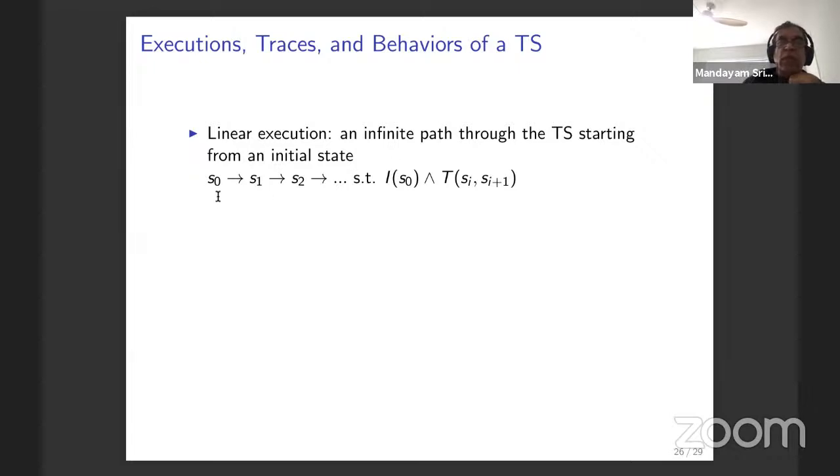It's an infinite sequence of states. Notice that you can have infinite sequences even on a finite state system, because there can be loops in the system. It is any infinite sequence of states such that the first state satisfies I, and each successor state is related by your transition relation.